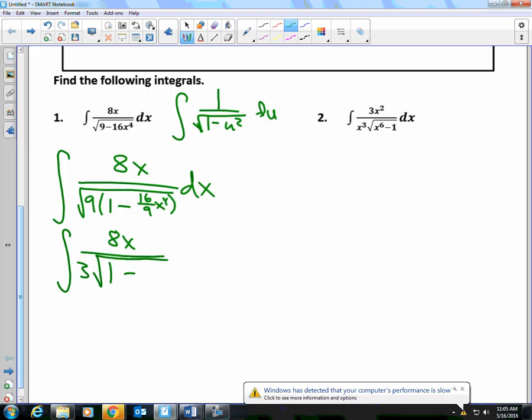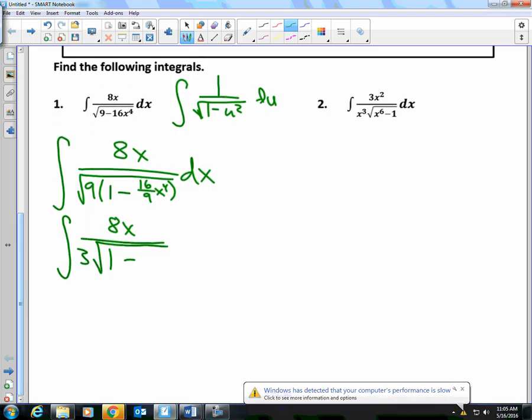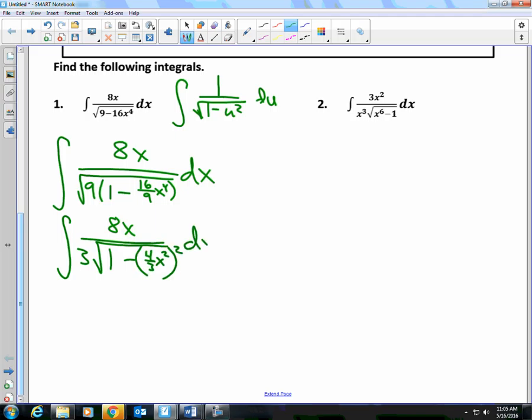I'm really close. I need something squared. Right now I have 16 over 9 x to the fourth. What is something you would square to get 16 over 9 x to the fourth? 4 over 3 x squared. I'm going to write that as being squared.